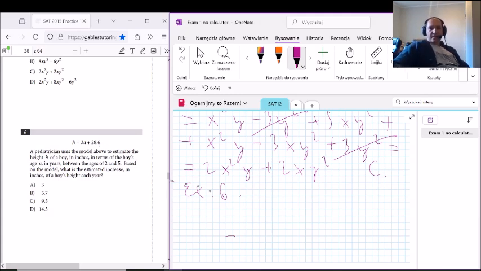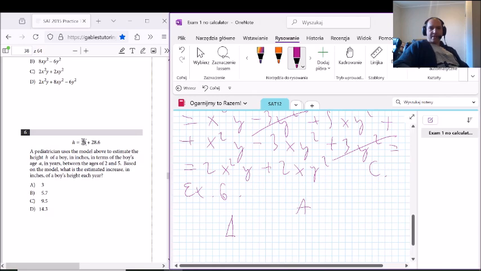It's the number that you multiply by the variable. Here our variable is a, and you multiply it by 3. So the slope is 3. So it changes by 3 for every change of 1 in the argument. So the answer is A.